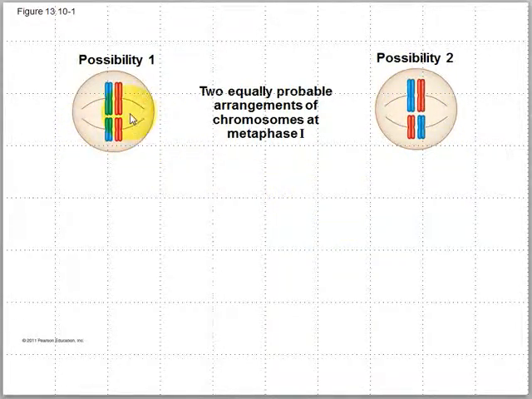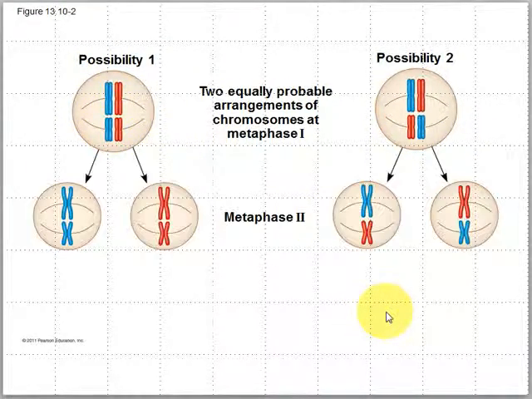Now you could say, well, what about if the red ones line up on the left and the blue ones line up on the right? Well, really, that's just a variation of this possibility. So we have 2 possibilities. Each one is equally probable. They don't interact with each other, so each one of these could happen at metaphase 1. So here at metaphase 2, then again, you have this possibility here, or this possibility, or these 2 possibilities here.